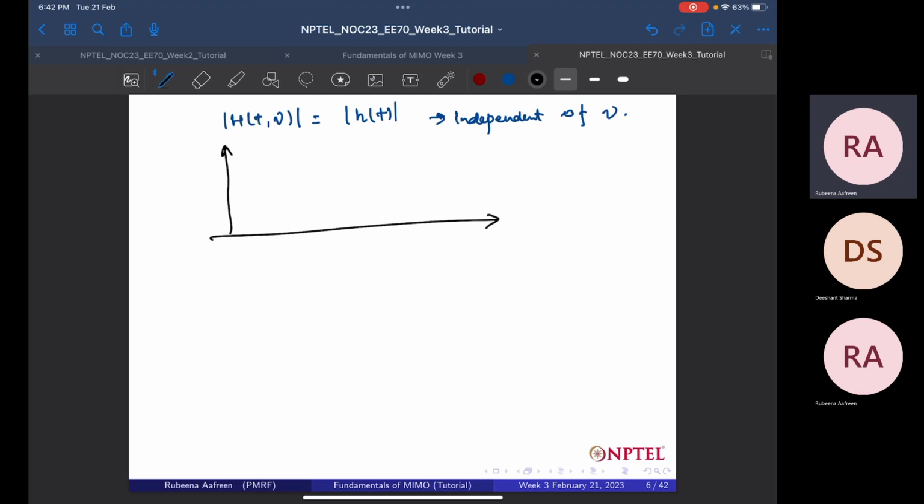So suppose we have this time axis, h is varying in time, right? Here we consider the frequency axis.